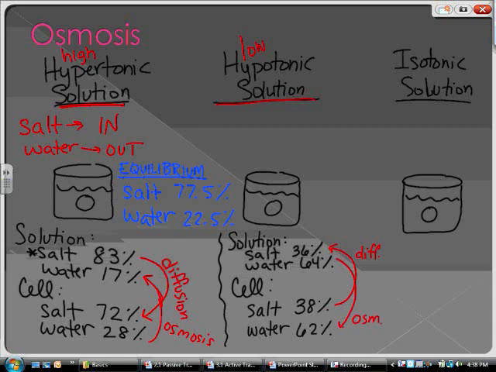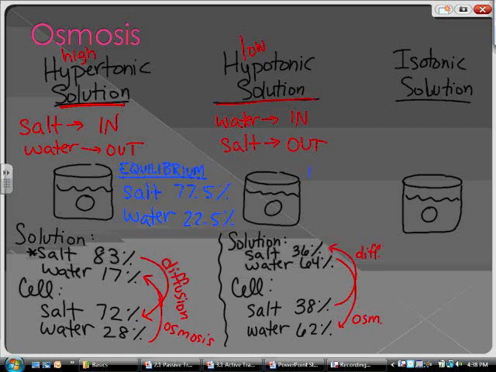So water is moving into the cell from the solution at 64% into the cell where it's 62%. And salt is moving out of the cell, from the cell where it's 38% out into the solution where it's 36%.